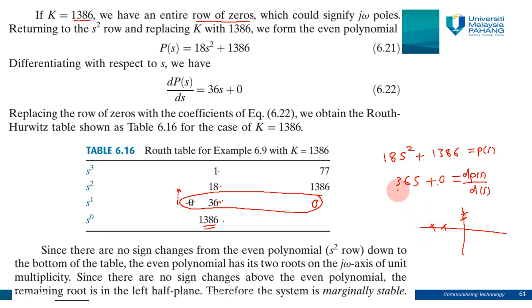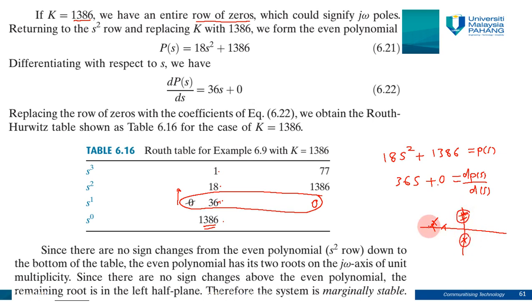How many poles do we have here? The number of poles is 3, correct? Because the number of poles is equal to the highest order of s. Since we have 3 poles here, one pole is on the left side and 2 poles are on the imaginary axis. So we do not have any poles on the right, so the system is still stable, but it's marginally stable at these 2 poles.